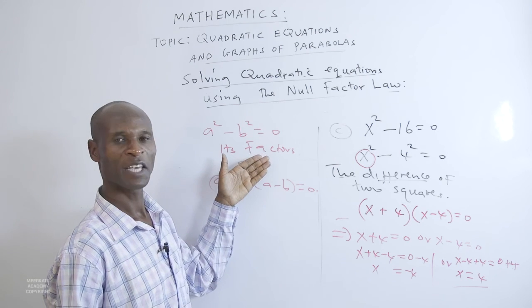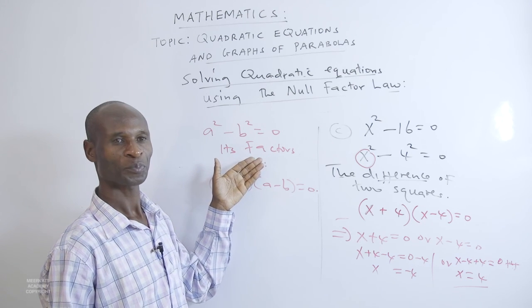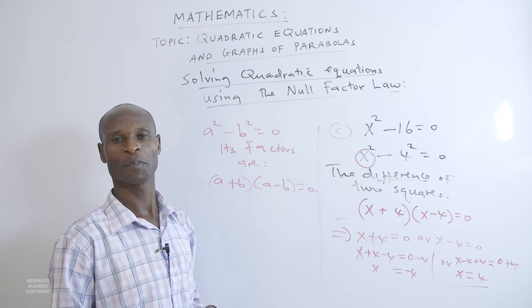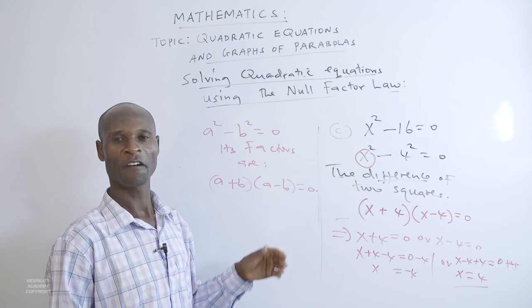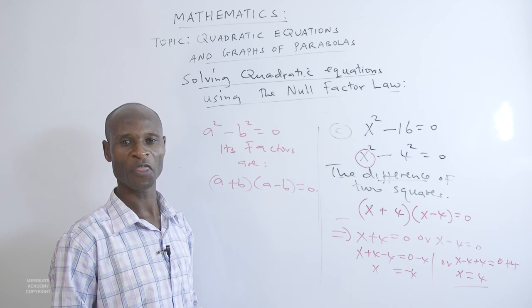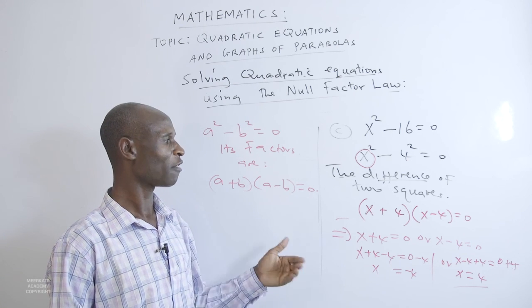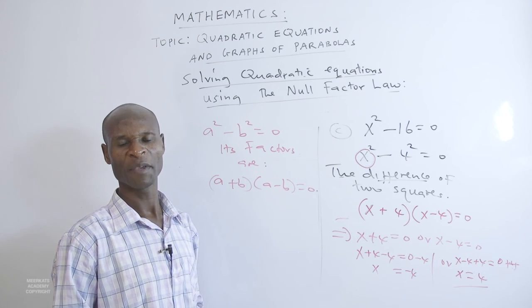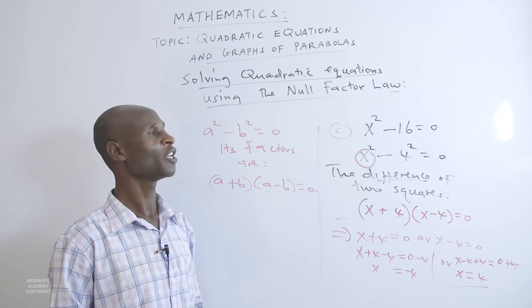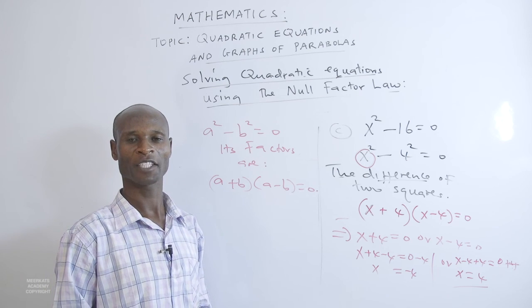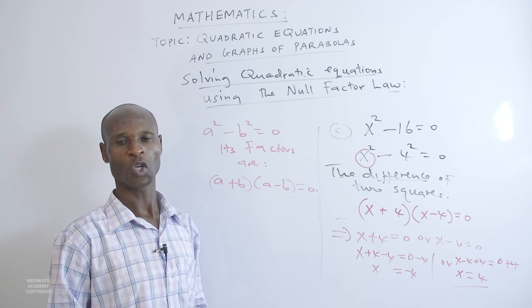We have extended the same knowledge to cases where we need to factorize an expression first, and we have said to do factorization, you use the inspection method, whereby you look for 2 factors and split the middle term to get the linear factors.